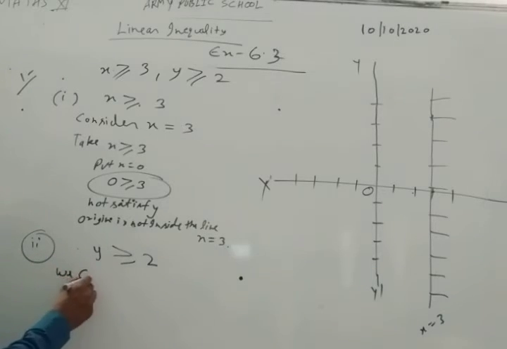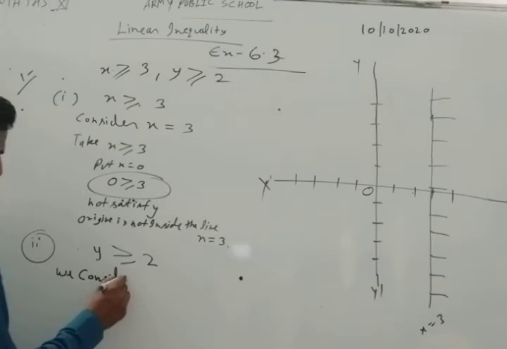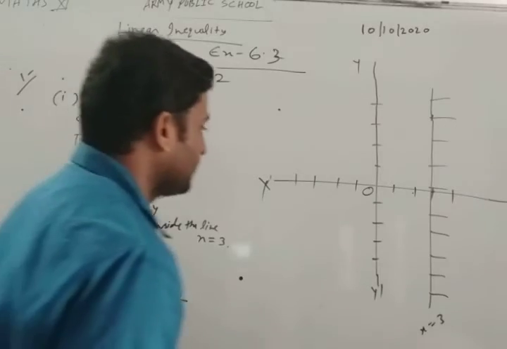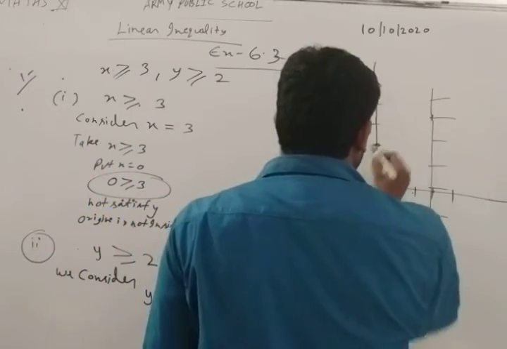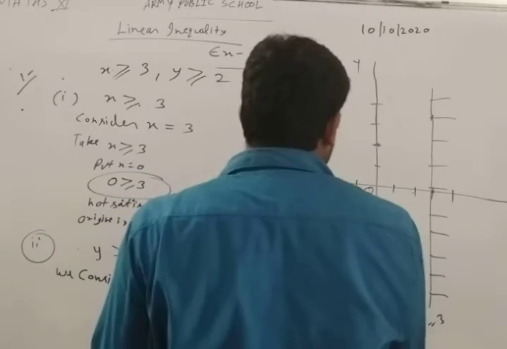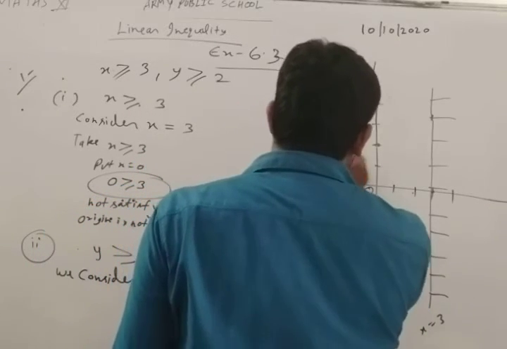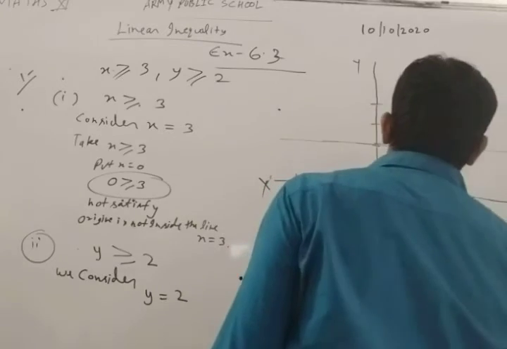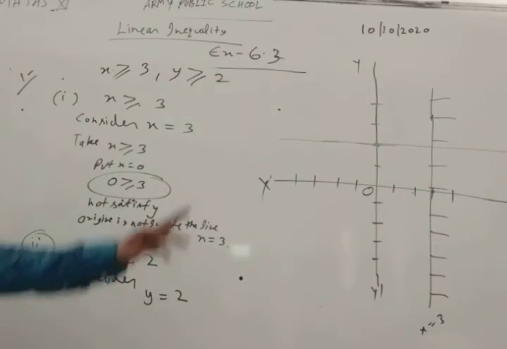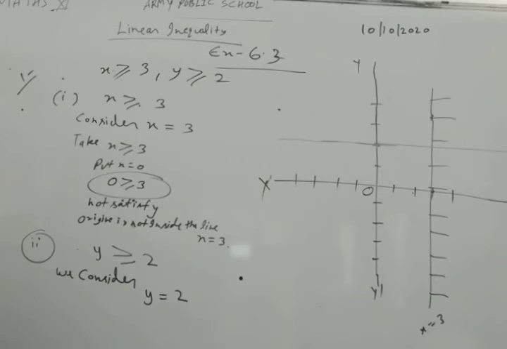We consider the line y is equal to 2. Now y is equal to 2 is this here, which is parallel to the x-axis. So draw the line from here to here, parallel to the x-axis.